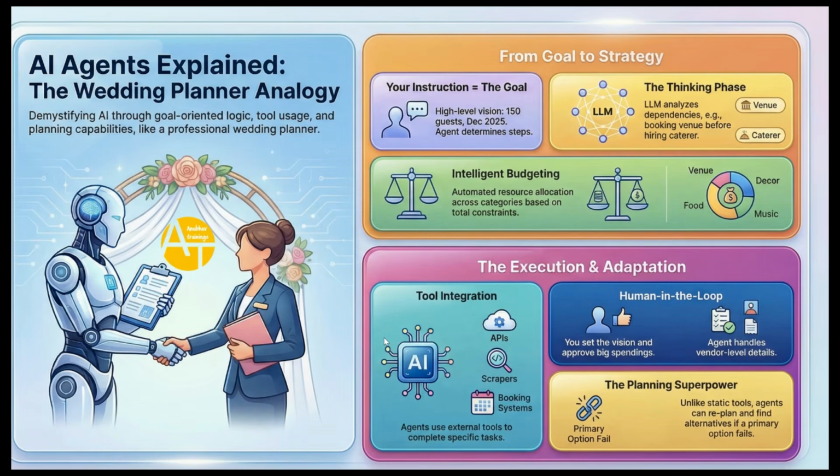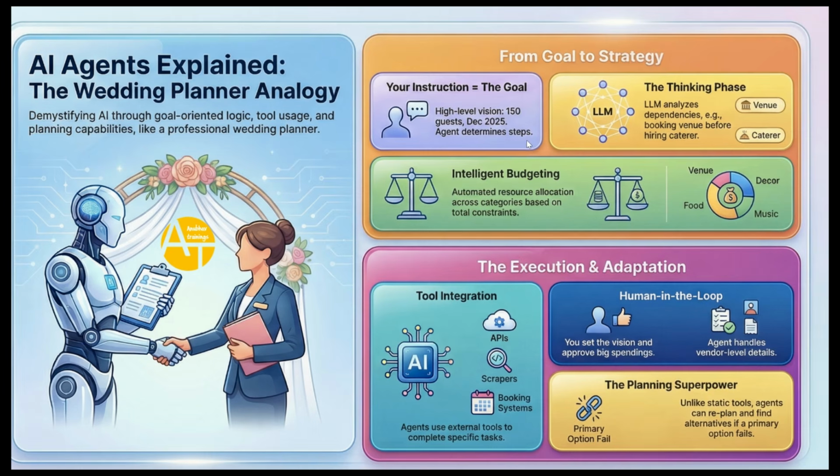So rather than going to an actual wedding planner, you are now going to an AI agent to get that work done. So what is the instruction a human will provide to the AI agent? You say the goal. You will just provide a simple goal in plain English or natural language. You say, I would like to plan a wedding with 150 guests in December 2025.